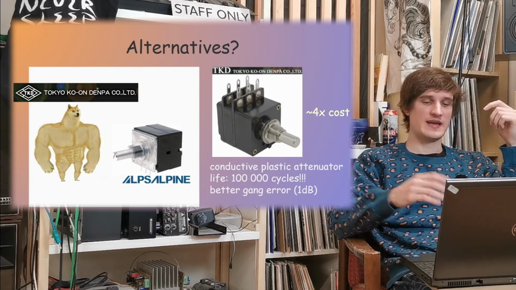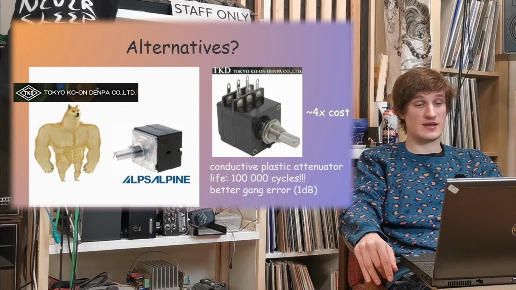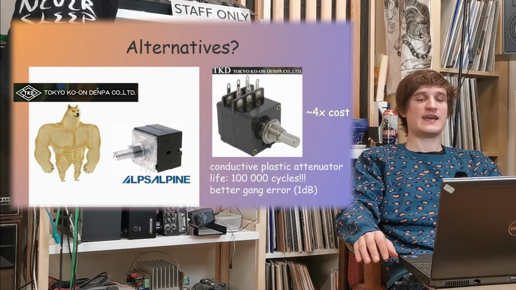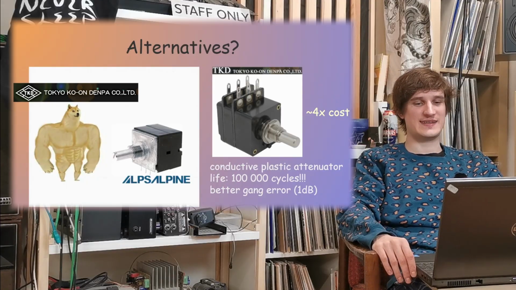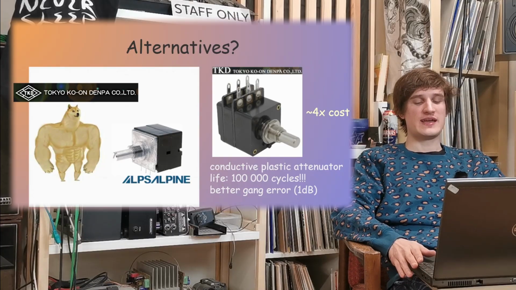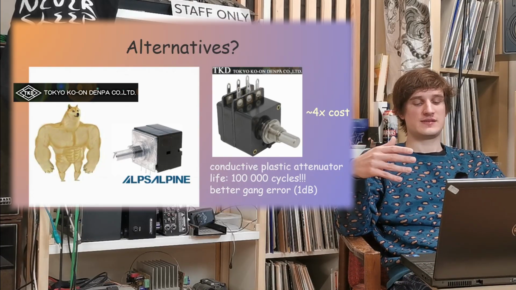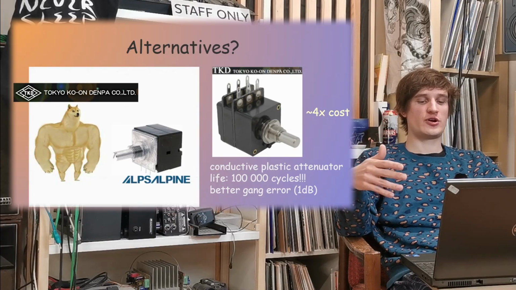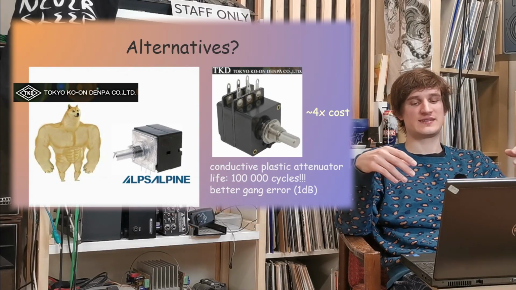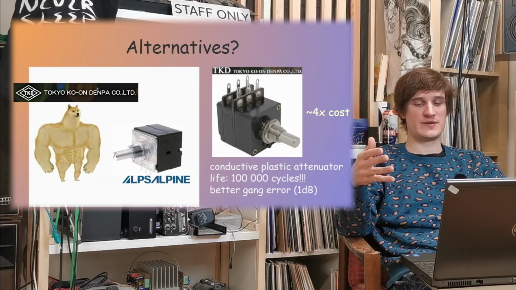For example, there is a company from Japan called TKD, Tokyo Koon Denpa, and this potentiometer is what the manufacturer calls a conductive plastic attenuator, and it uses conductive plastic technology.